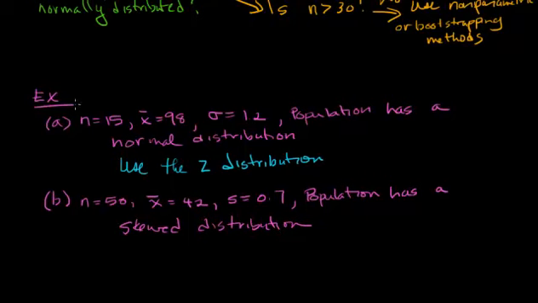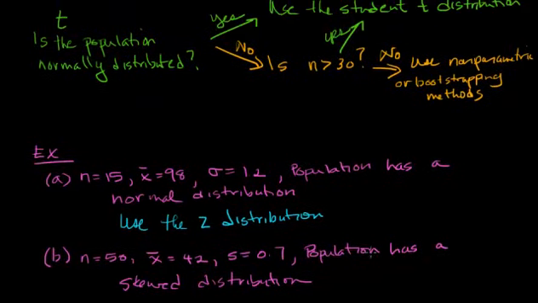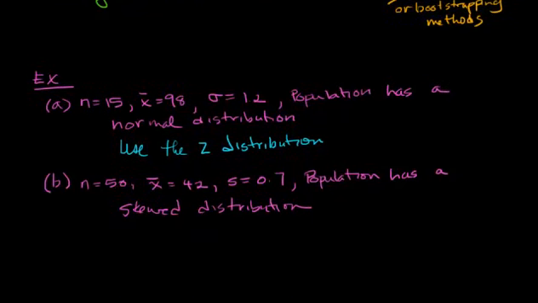Okay, here we would go back. Do we have sigma? No, we do not. So we're on the t path. The t path says, is the population normally distributed? No, it is not. Is n greater than 30? Yes, it is. N is 50, so we may use the student t distribution.